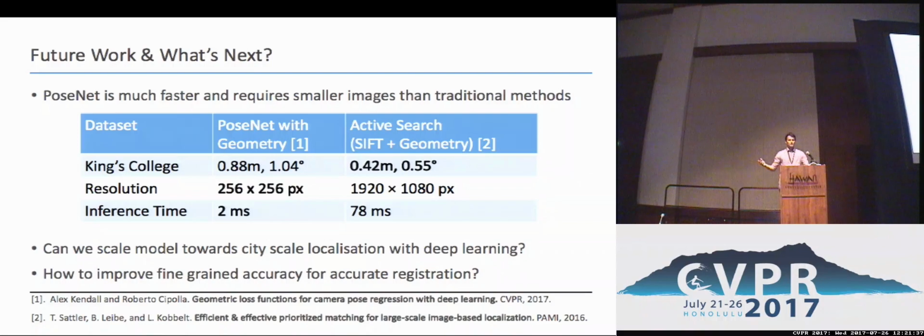On the other hand, these geometry-based methods require tens or hundreds of milliseconds and very large resolution images to compute their features. But on the other hand, the trade-off is in today's performance, they also get a far more accurate registration. So there are lots of questions here of how can we further improve performance, and how can we scale it? How can we get the performance we see on the small urban scenes on the larger, say the Dubrovnik data set?